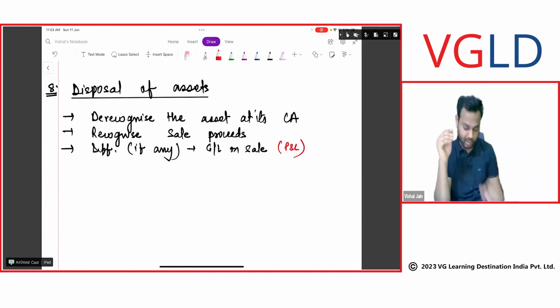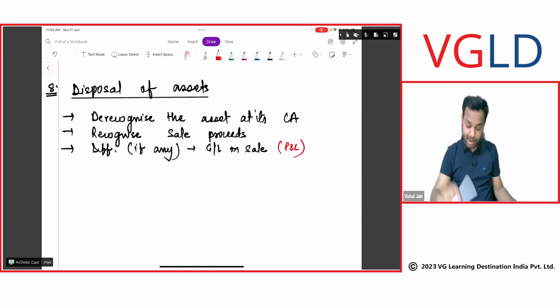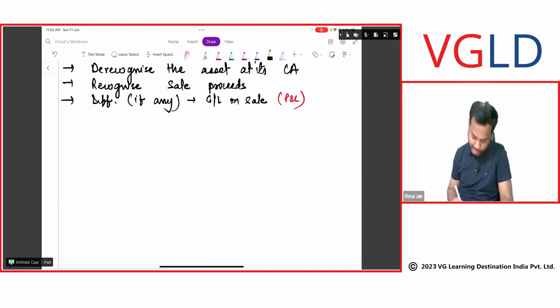Okay, so that's all about property, plant and equipment. This completes our discussion on property, plant and equipment. And one more small point you can write here is disclosures.